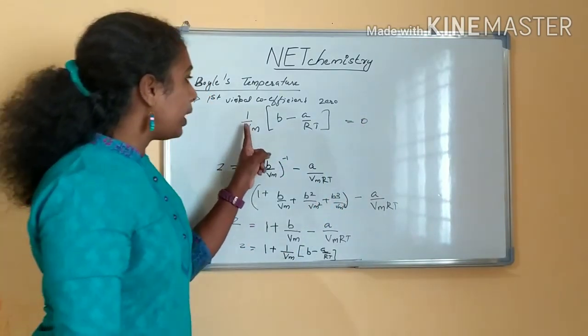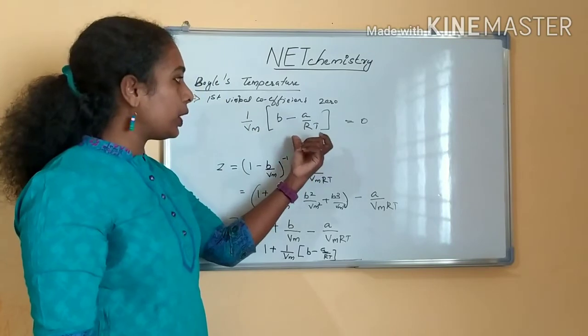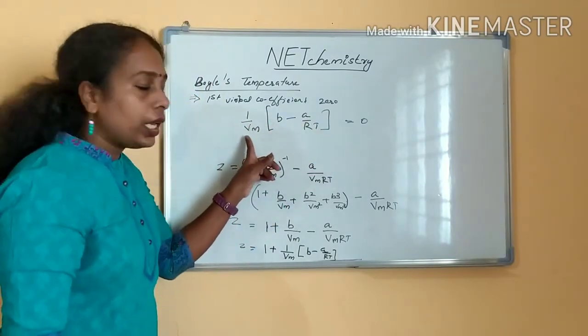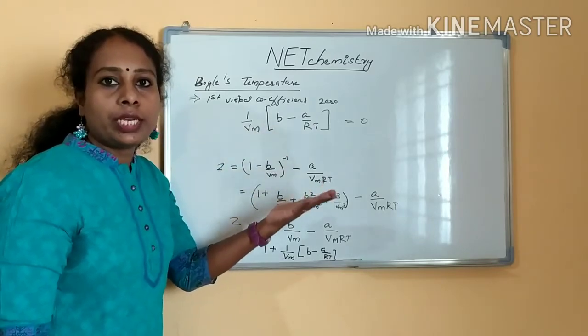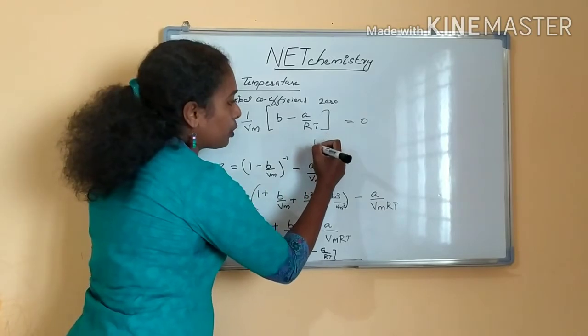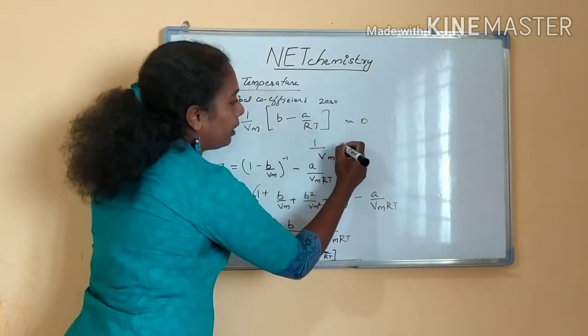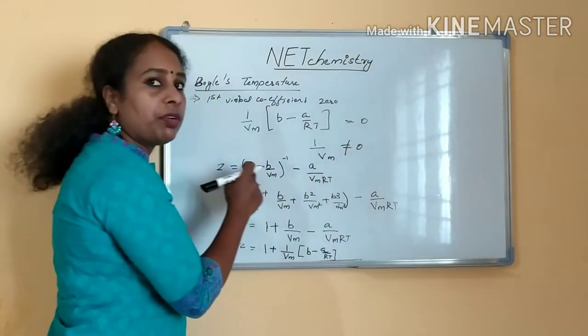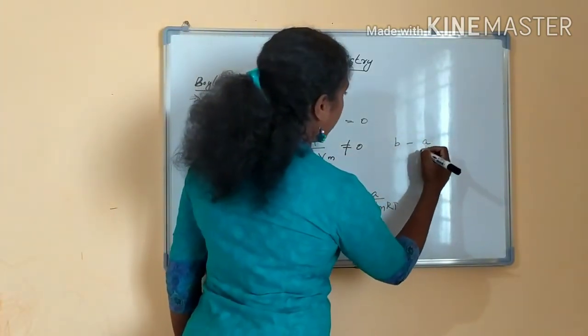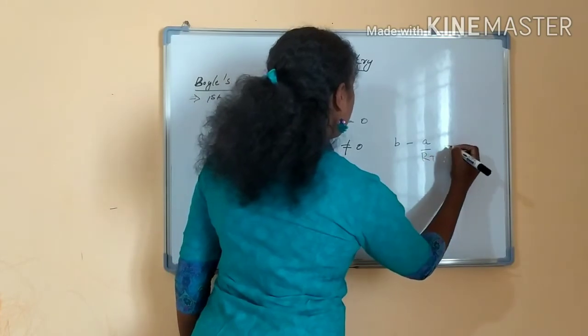This is a multiplication, right? Either this should be 0 or else this should be 0. Volume cannot be 0, so 1 by Vm cannot be 0. That possibility is not there. So then what will be equal to 0? B minus A by RT equal to 0.